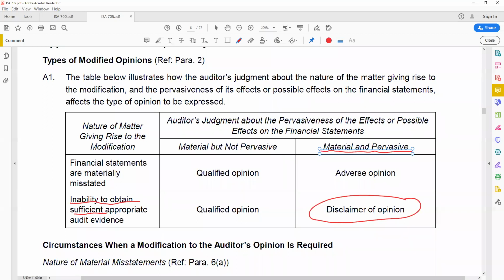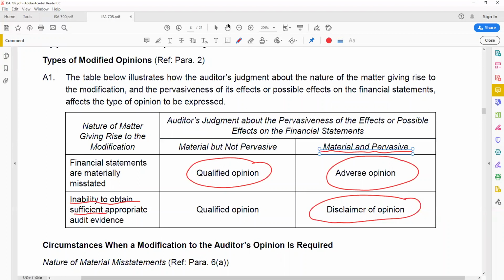If there is a misstatement, which as mentioned can result from a disagreement, but the misstatements are material but not pervasive, then it's simply a qualified opinion. If the matter at hand is material and pervasive, then it's an adverse opinion. So get to know when to issue each of these opinions.